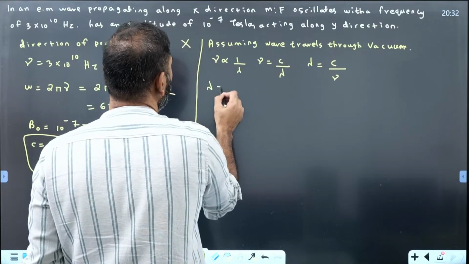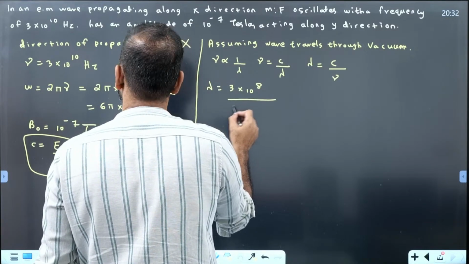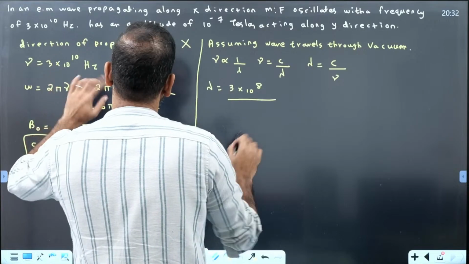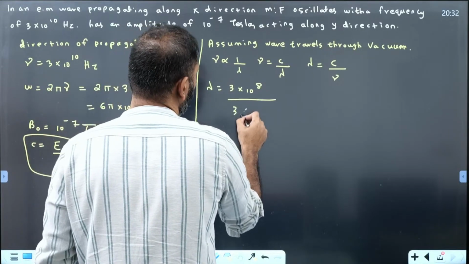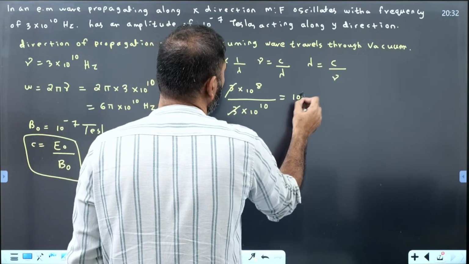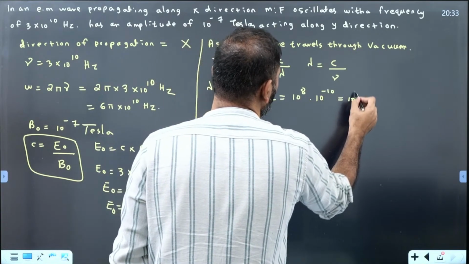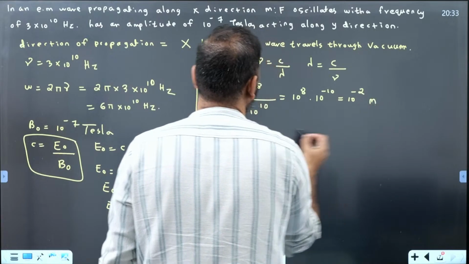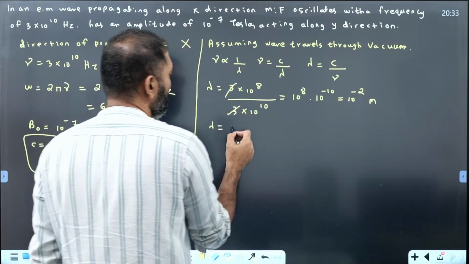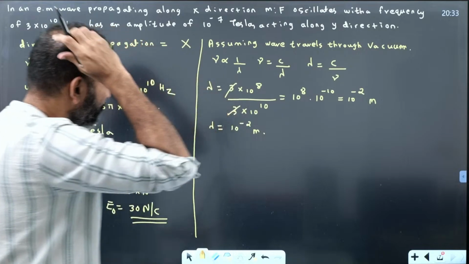So what is the wavelength? 3 into 10 to the power 8 divided by the frequency, not angular frequency, 3 into 10 raised to 10. So I got the wavelength. 3 gone. 10 raised to 8 into 10 raised to minus 10. That is 10 raised to minus 2 meter. So lambda is equal to 10 raised to minus 2 meter. That is the lambda.